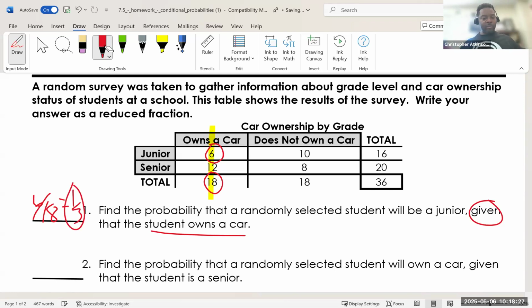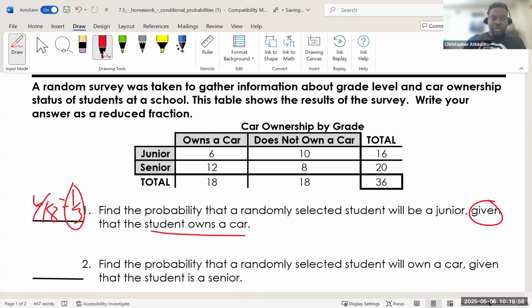So you have a 1/3 chance of the selected student being a junior given that they own a car. So again, once you identify that second probability, which is the student owning the car, that is the column and/or possibly row that you want to focus on. In this case, we focused on the 18. And since we're looking at juniors, that's going to be 6 out of 18, which reduces to a third. All right, so let me erase that so we can do the next problem.